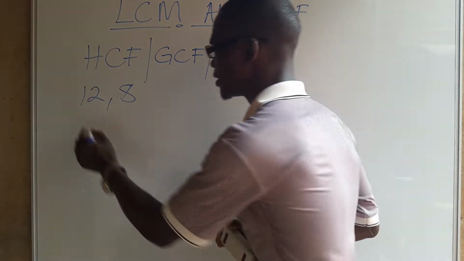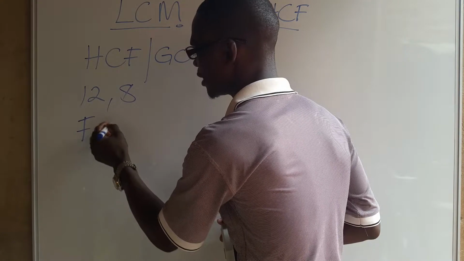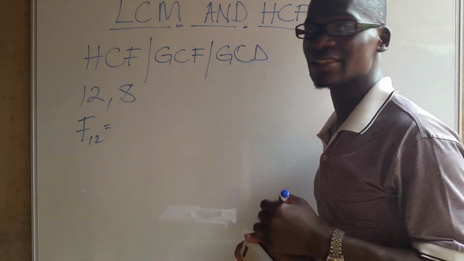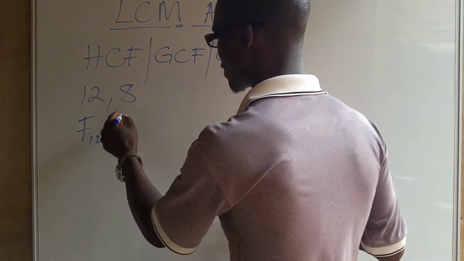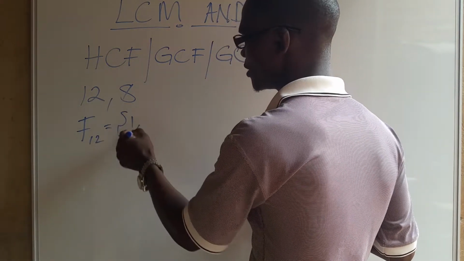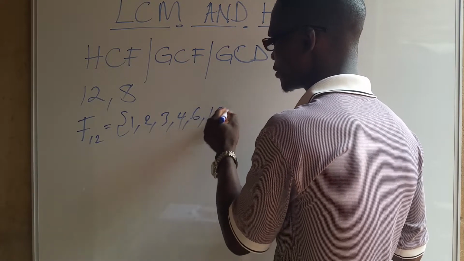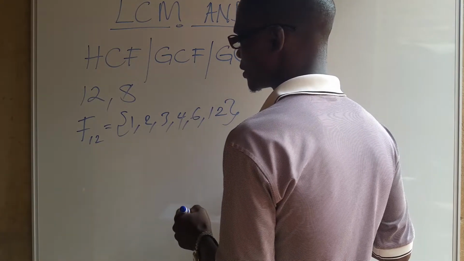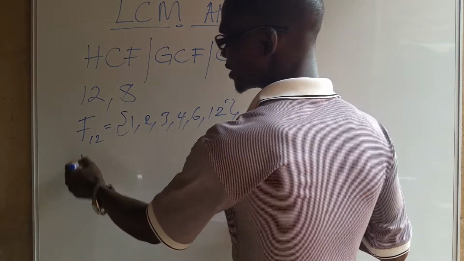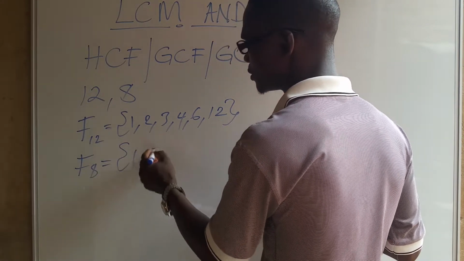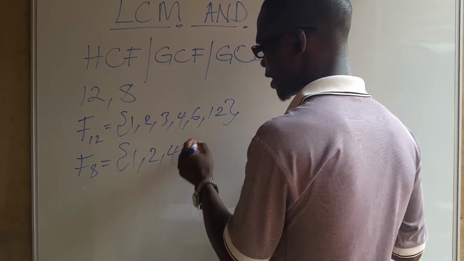That is to say, factors of 12 are those numbers that completely or exactly divide 12. That is to say, 1, 2, 3, 4, 6, and 12. Then we also list the factors of 8, which are 1, 2, 4, and 8.